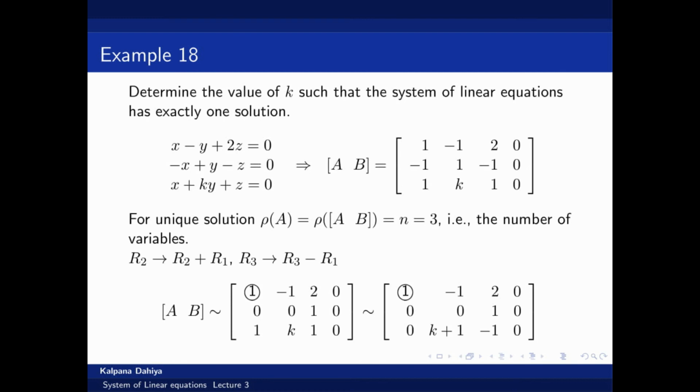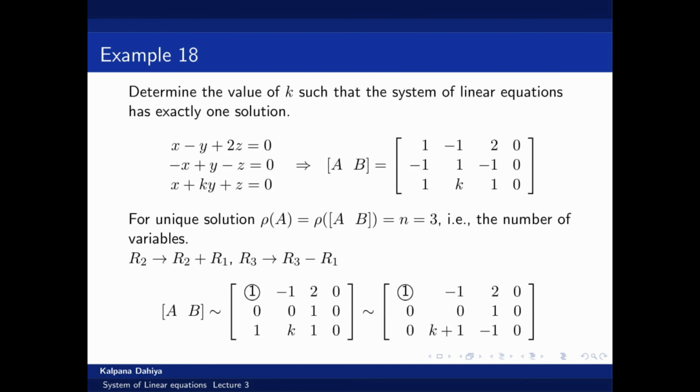Now we make all the entries in the first column corresponding to the second row and third row equal to 0. So for this one we apply these elementary row operations. Change second row to second row plus first row, and third row goes to third row minus first row.